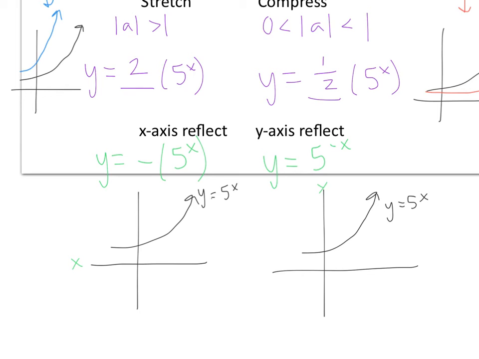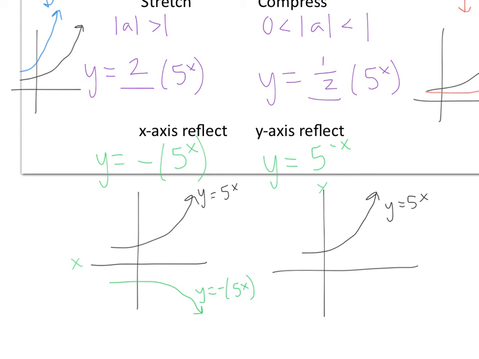Now here's what the graph would look like if you had an x-axis reflection. So on that graph, I have y equals 5 to the x, just sketched. And a reflection over the x-axis means I would reflect, obviously, over the x-axis. So it would be the same shape. It just opens downward. So this would be y equals negative 5 to the x.